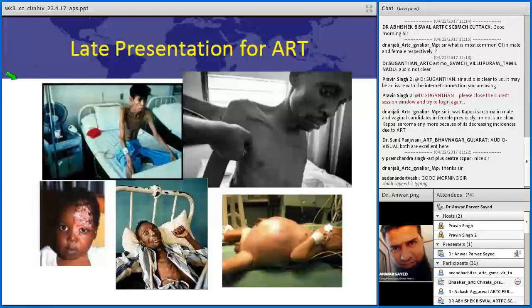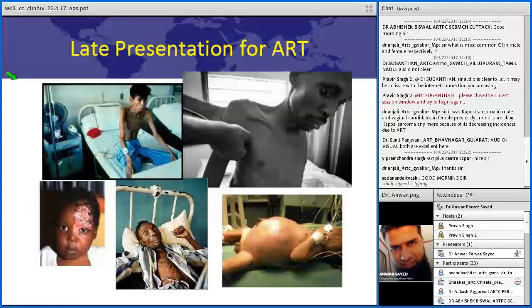I'm not going into those reasons, but if you see the reality, even in the NACO program, the CD4 level at which people used to present was close to 120 or 130. Now that has increased to around 240 to 250. So definitely there has been a change, but it is not the change which you or I would expect.